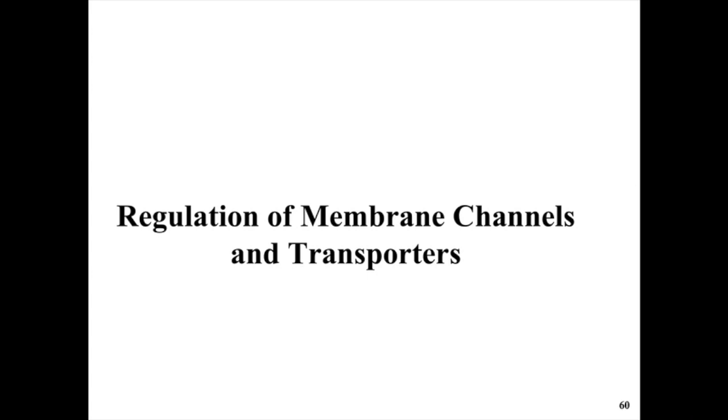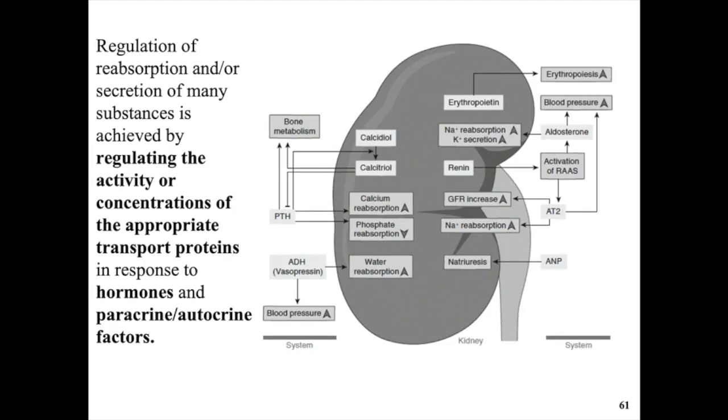So let's understand now a process of regulation of the channels and the transporters. For the kidney to do its function, the kidney needs to have access to signals that reflect the different components of the body, be it the blood pressure.